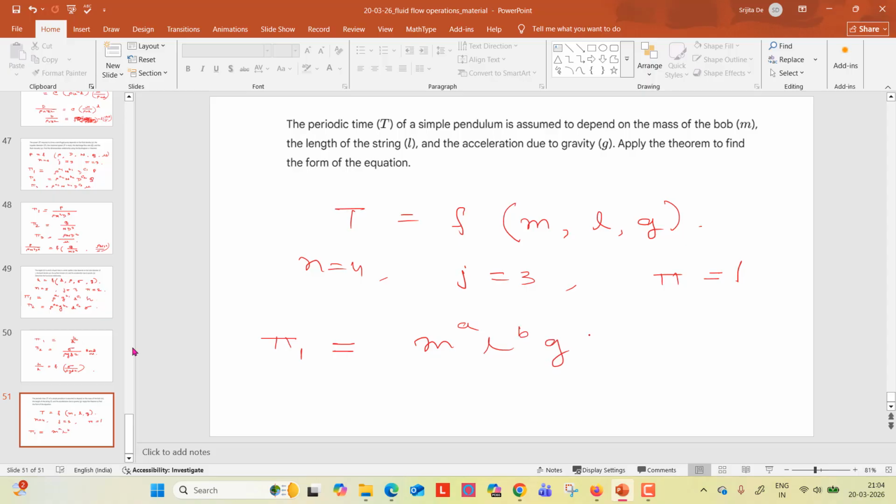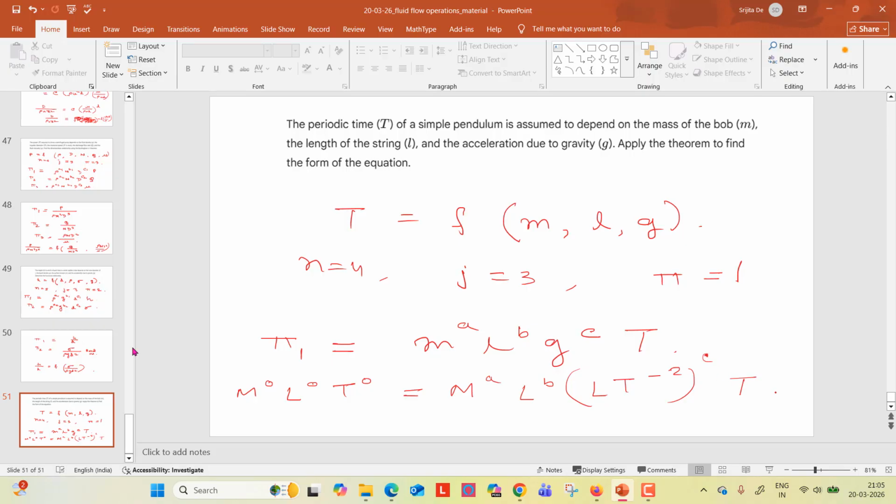If you compare all this, let me do it for you, the last one. So it will be m0, l0, t0 equals m to the power a, l to the power b, g is l t to the power minus 2 to the power c, and t is the periodic time, so again it is t.